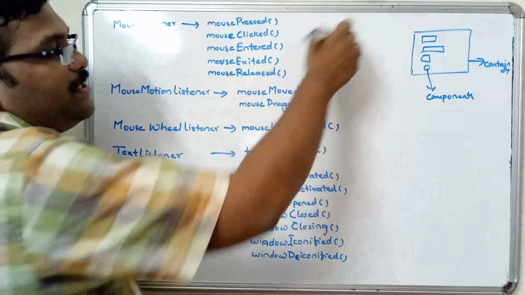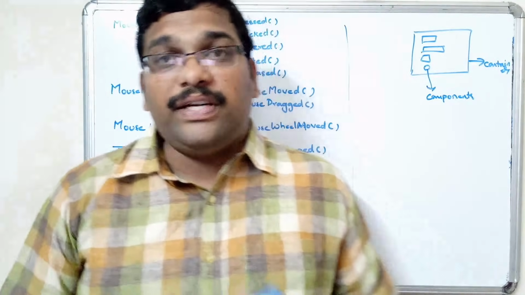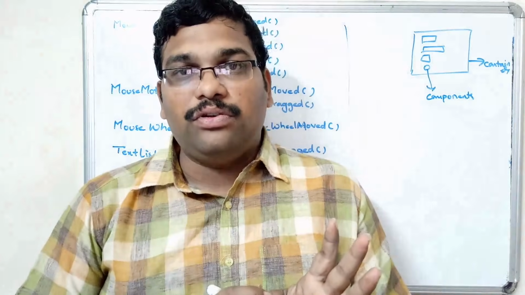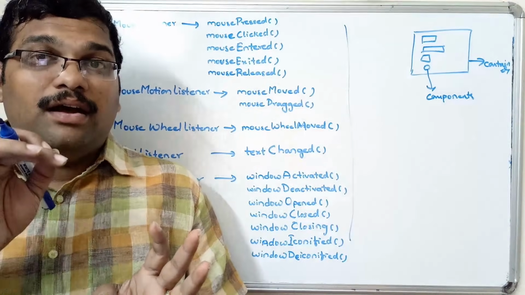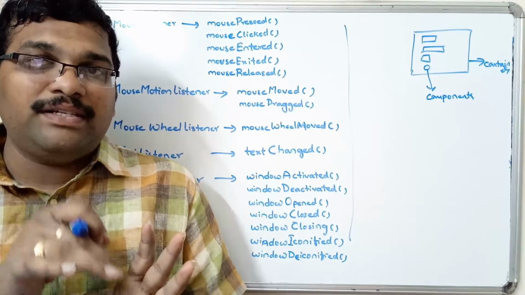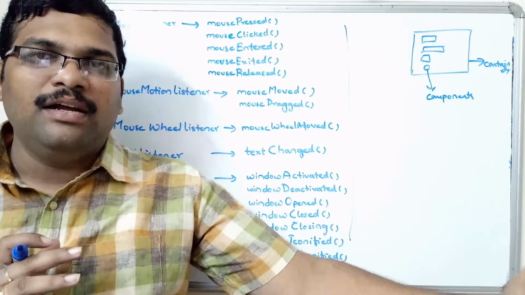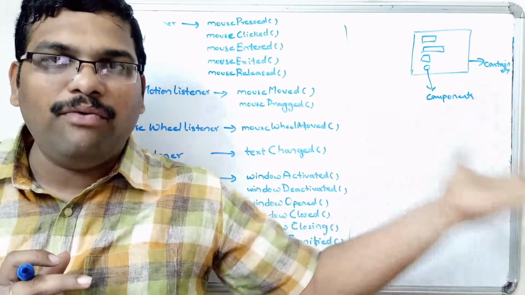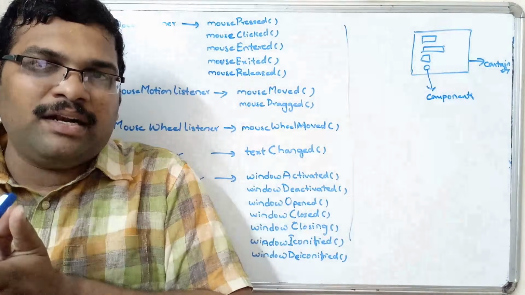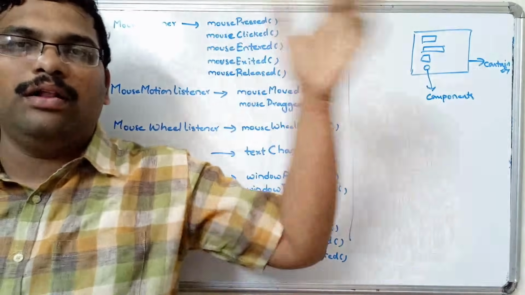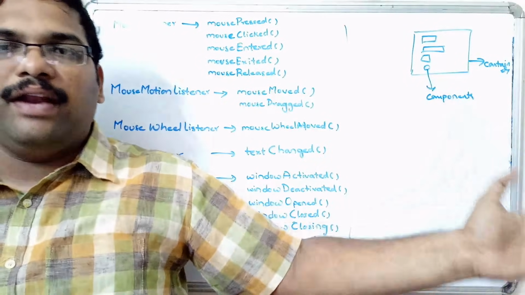Okay, so these are all about the listener interfaces. First we learned about the event sources from which the events are generated, and once the events are generated, those events will be sent to the listeners. The listeners have to register with the sources, so that once an event is generated, the notification will be sent to all the listeners, and the corresponding listener will activate and handle the event.